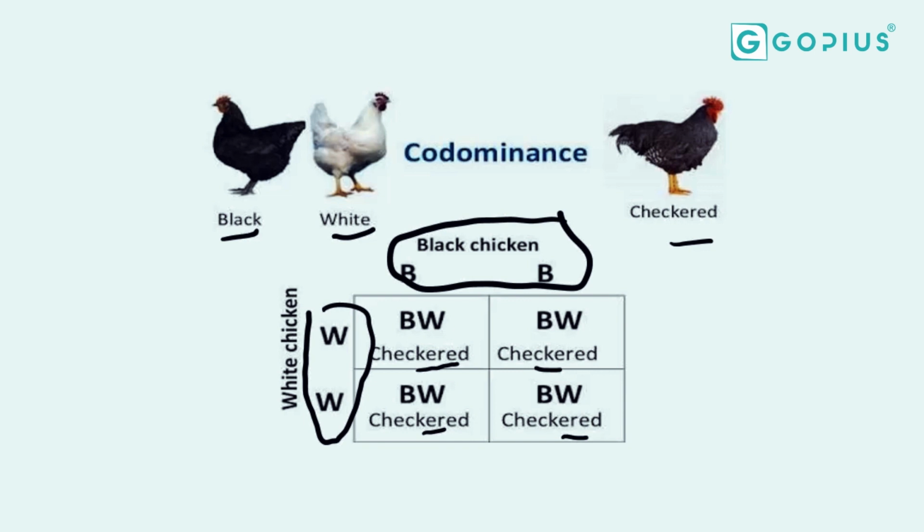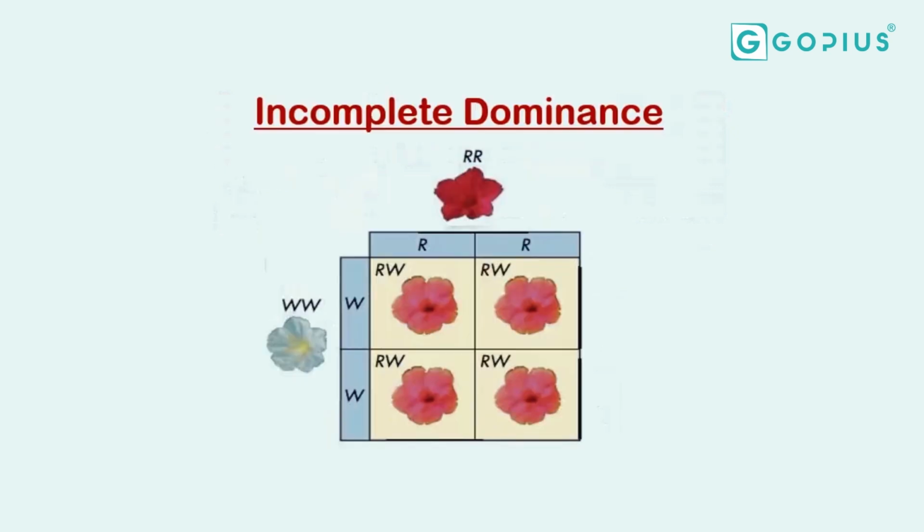Now we're going to look at another interesting aspect, which also goes contrary to Mendel's law, which is incomplete dominance. In the case of incomplete dominance, the dominant gene doesn't express itself fully.